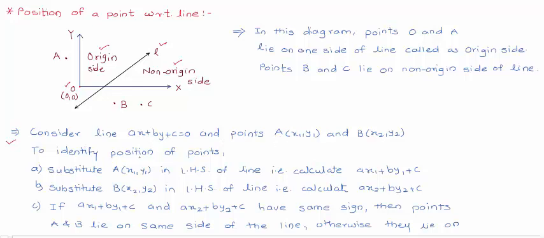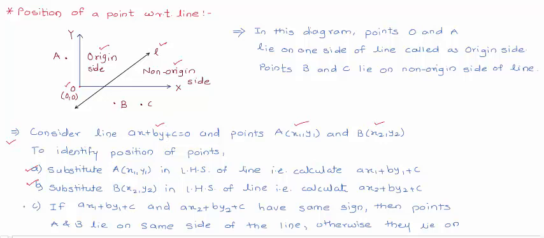To identify the position of these points with respect to the line, what we do, first step, substitute A(x1, y1) in the LHS of the line, that is calculate ax1 + by1 + c. Similarly, substitute B(x2, y2) in the LHS of the line, that is calculate ax2 + by2 + c. So students, you have to just substitute the first point in the LHS of the equation of the line, substitute the second point in the LHS, and you will get two values.